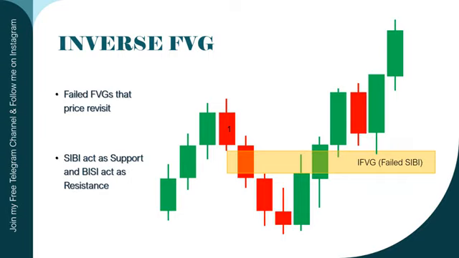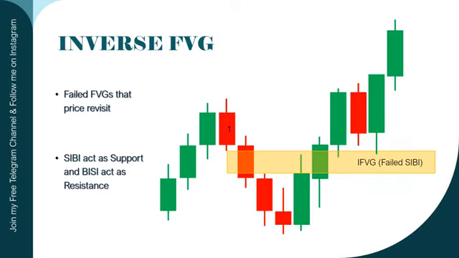For example, here you can see this is a CB. The price was going to the downside, left this bearish fair value gap here. So normally you expect the market to react to this fair value gap. This is reacting as a resistance, but the market went through, and then came back. This was a resistance area, but now it became a support area.